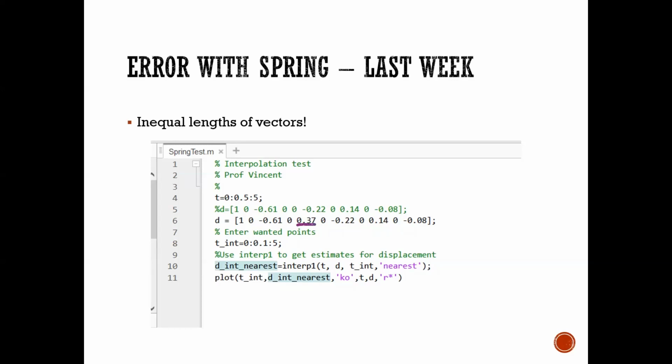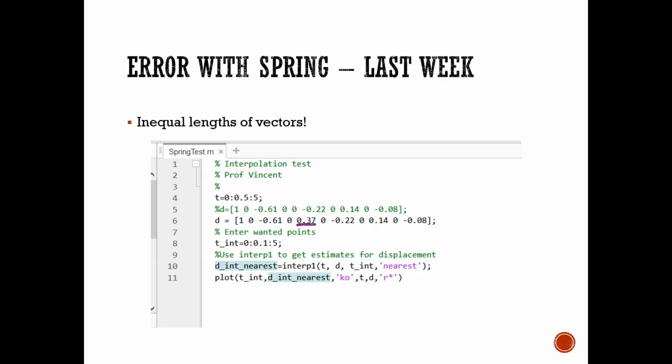But I wanted to mention it for a couple of reasons. First of all, we all make mistakes, and we should dig into them and solve them, which is kind of hard to do in real time in a class, but that's what we should do. But the second thing is, this is a really common error when you have two vectors and later on matrices and the sizes don't match.